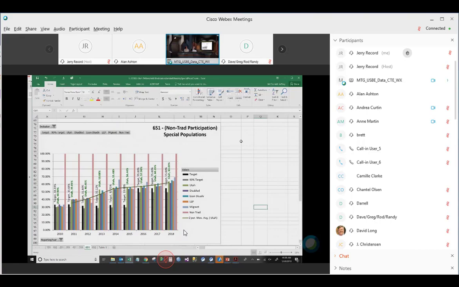They could be in a male non-trad pathway in one case and a female non-trad pathway in another case, or even gender neutral. So they could be in all three buckets potentially. I think that's why this indicator is a little bit higher than the completion.